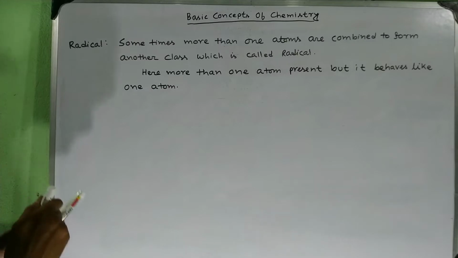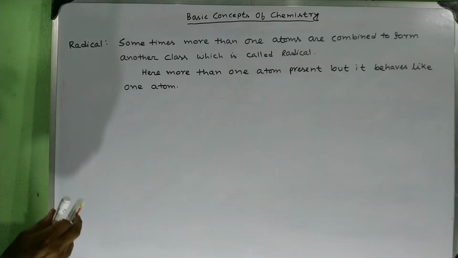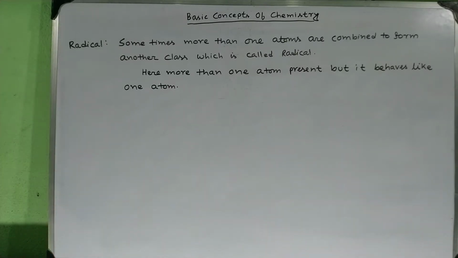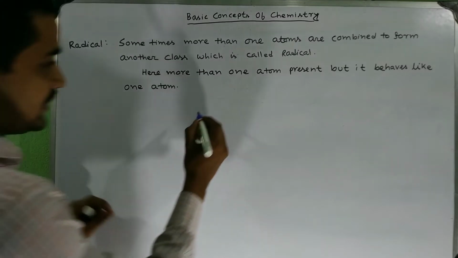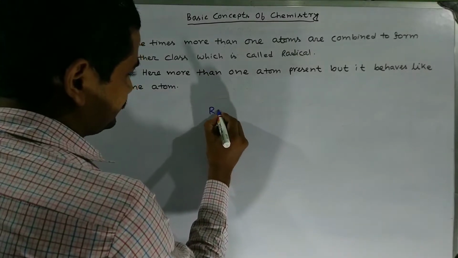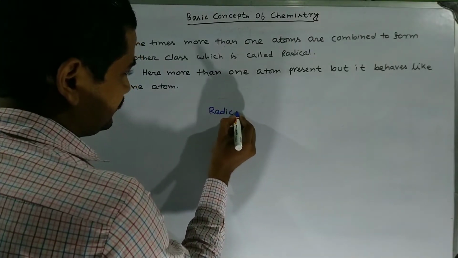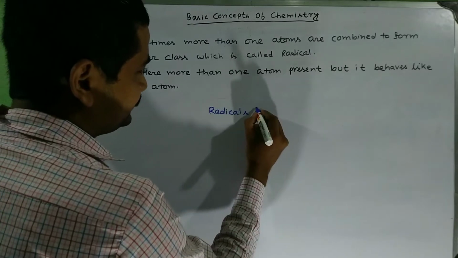Radicals are generally classified into two classes. One is according to their charge and another is according to atom or group of atoms. First we discuss the radicals according to charge classification.